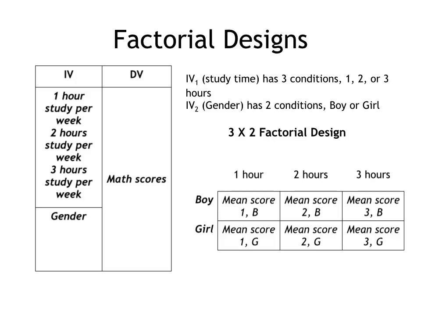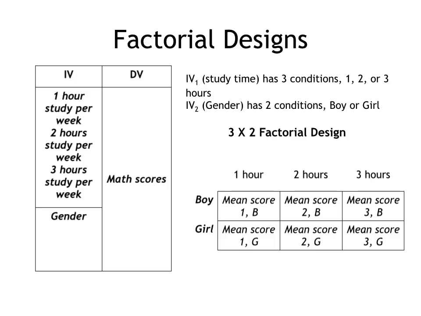So across the top, I put my independent variable number 1. There's 3 conditions: 1 hour, 2 hours, and 3 hours. Down the left, I put the group for the boys and the group for the girls. Top left, I'm going to write down the mean score for the boys who studied for 1 hour. Moving to the right, I'm going to put the mean score for the boys who studied for 2 hours.